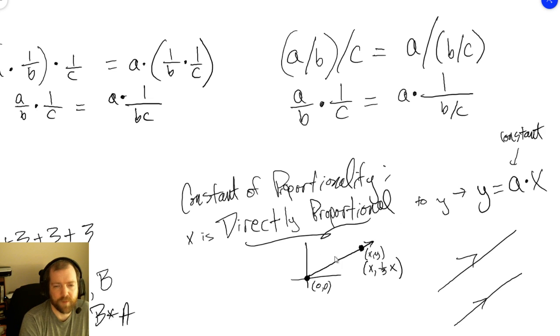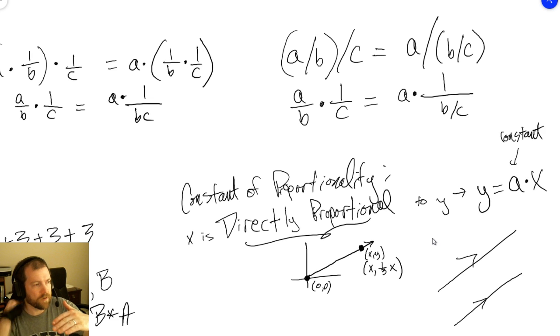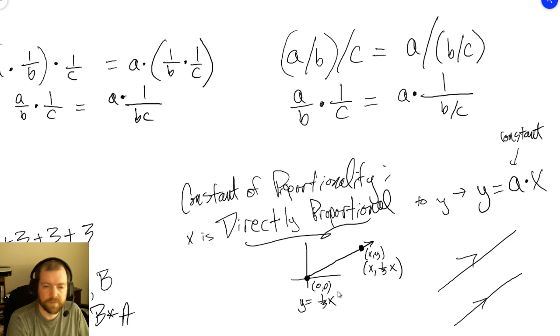So some random point on the graph is going to be x comma 1/3 of x, because our y value is going to be 1/3 of whatever our x value is. So then we know what the slope is. That's going to be just 1/3. So we replace the y in the coordinate with 1/3 of x, and now you've got an actual relationship.